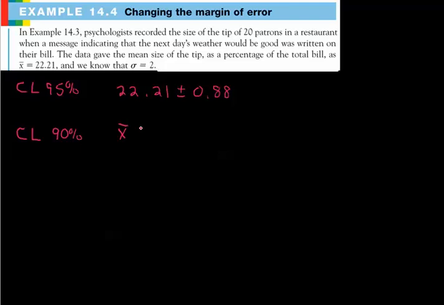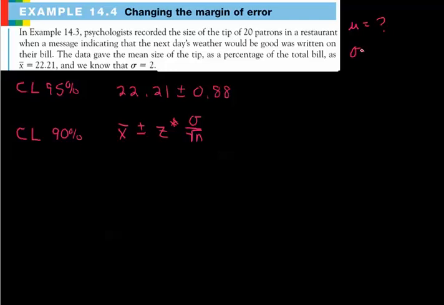The sample mean is our estimate for the population mean, plus or minus the z-statistic that accompanies our confidence level, times the standard deviation of the population divided by the square root of n. As we looked at before, we don't know what the population mean is. That's what we're trying to estimate.